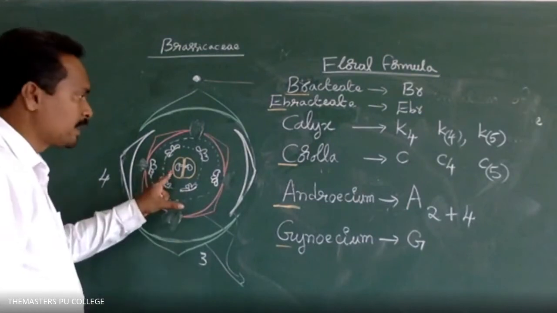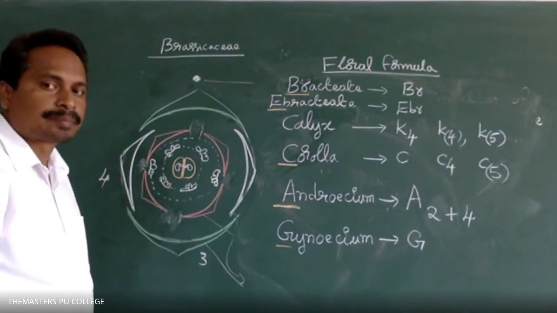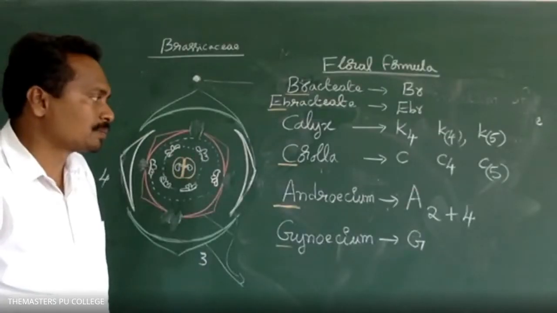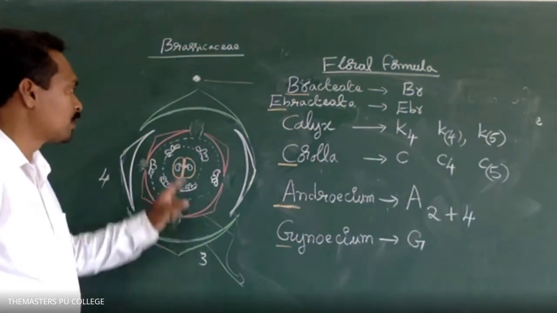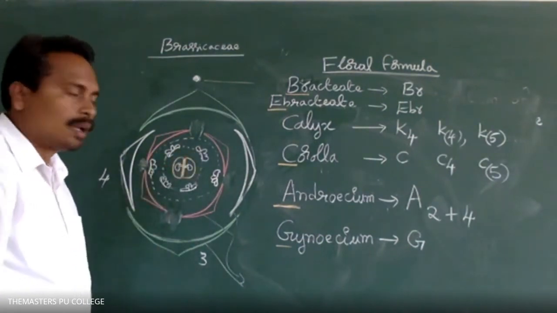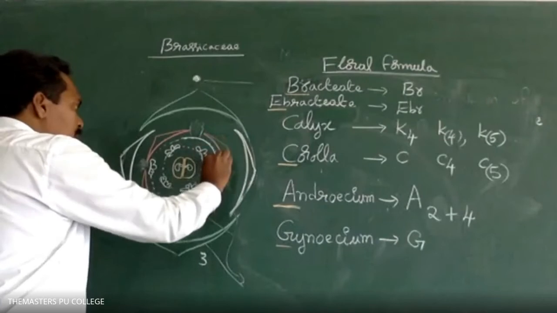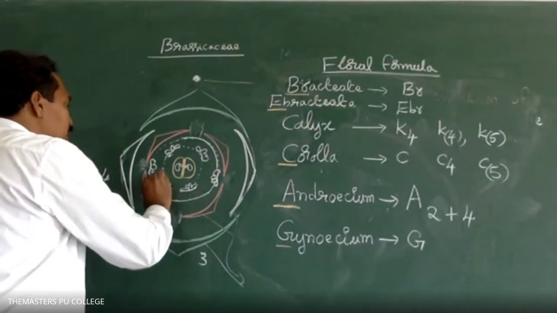In this floral diagram, how many stamens are there? 6 stamens. Among these 6 stamens, the 2 stamens are arranged in the outer circle, and the 4 stamens are arranged in the inner circle.